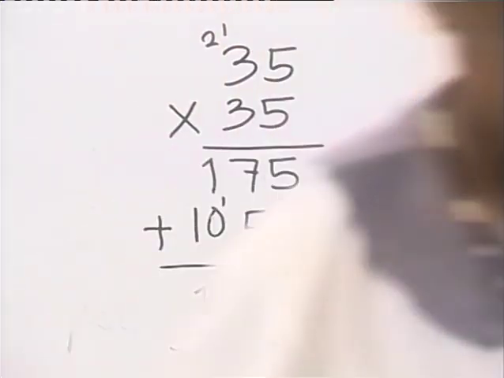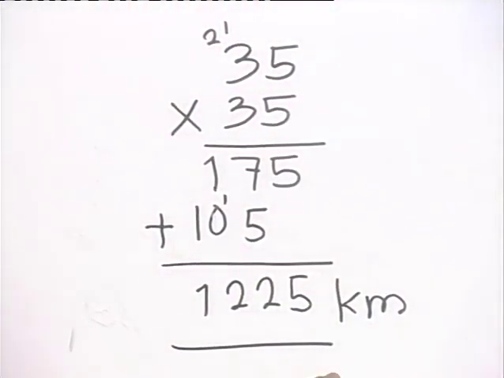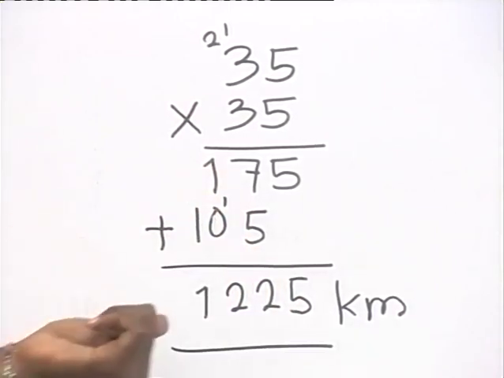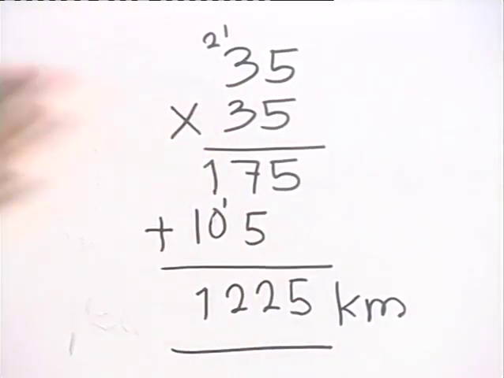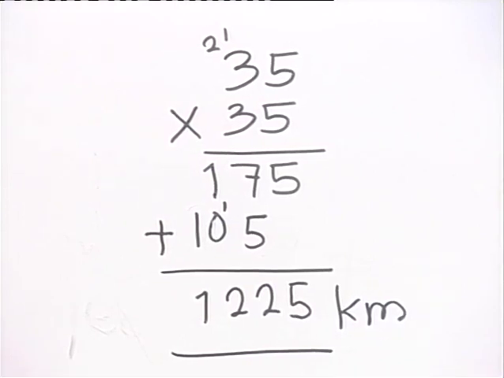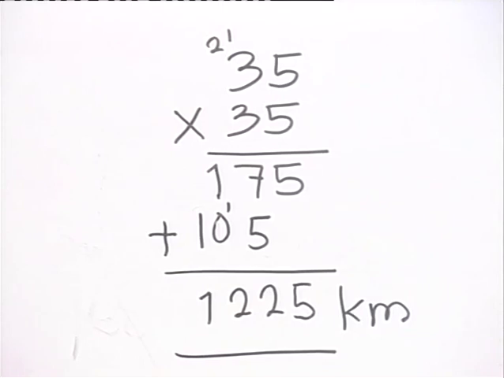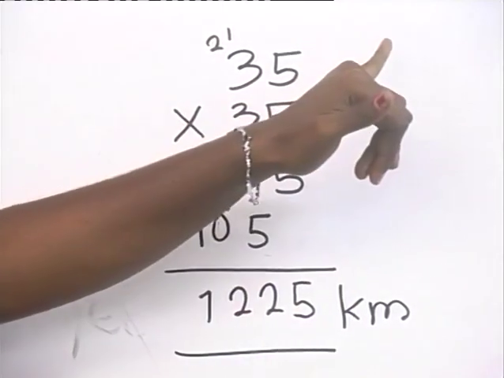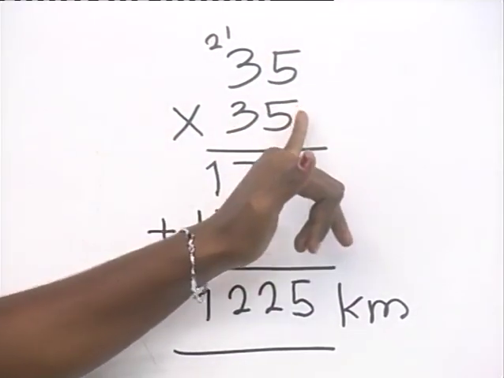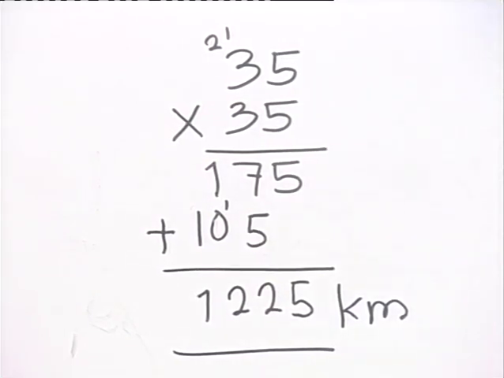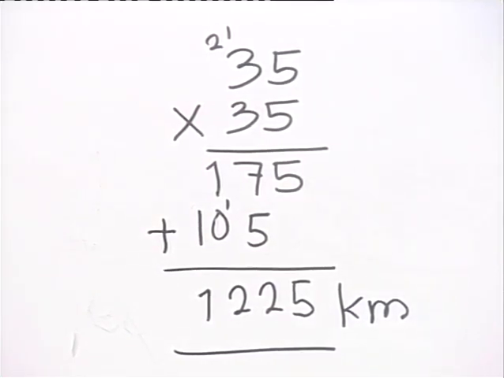Okay, thank you, Rose. You others, do you agree with her answer? Like what she said, the distance from point A to point B is 1,225 kilometers. So you multiply 35 kilometers by 35 centimeters.